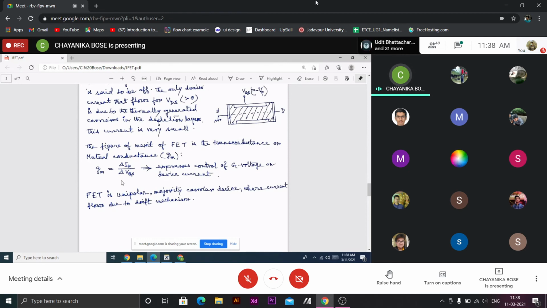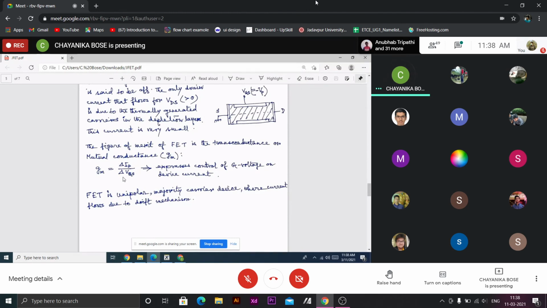But here it is a junction FET. So the gate terminal, the third terminal, is the control input, the control terminal. So drain current is controlled by applying a voltage at the third terminal.